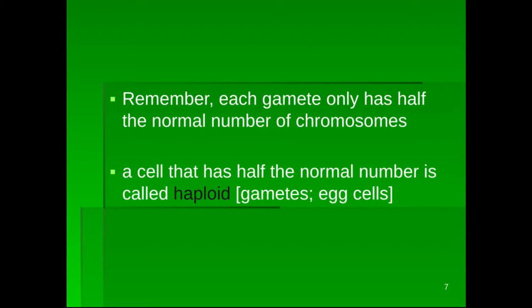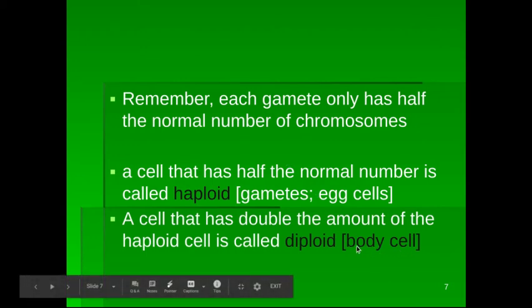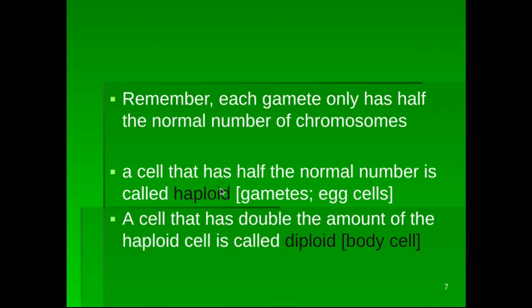Okay, you can think about it as half, haploid. If you have the correct number of chromosomes, you got copies from both mom and dad, then you're going to be known as diploid. Body cells with our 46 chromosomes are diploid. Gametes, egg cells and sperm, are haploid. Those are 2 vocabulary terms that you'll want to know.